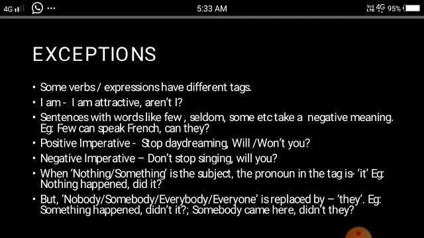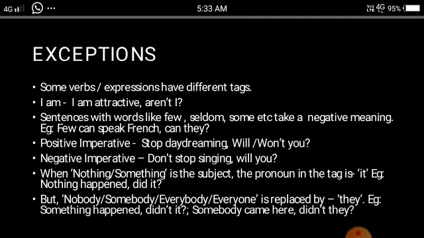Can they? Now, few is considered to be a negative form, and that is why you are going to use a positive question tag.